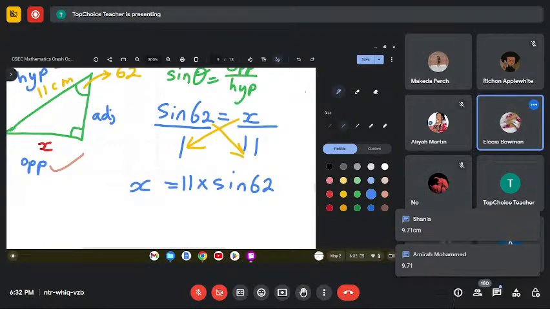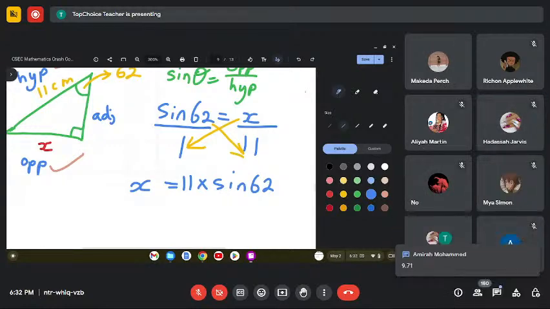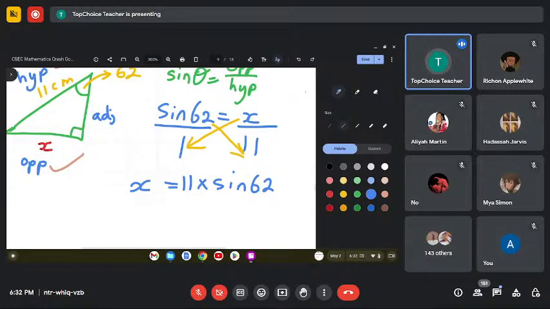Now, before I write down the answer, take notice of this, guys. Do you recognize, those who do not do add maths, that your calculators have different settings like degrees, radians, among others? Ensure there's a DEG or a letter D at the top of your calculator somewhere. When in doubt, reset your calculator.